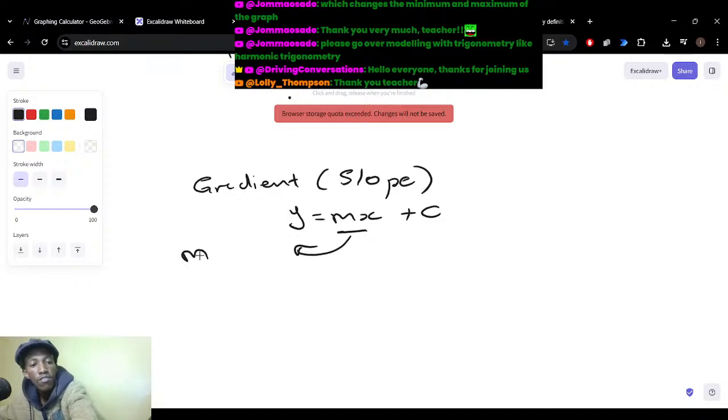Right. So what is a gradient? A gradient is the rate of change in height over the rate of change in horizontal distance. What I mean by this is that it's the change in height.